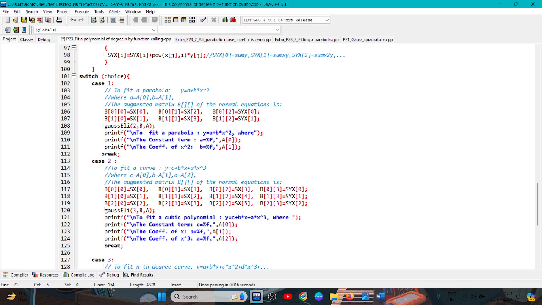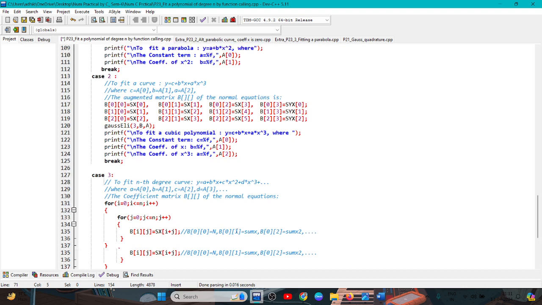So call the Gauss elimination with 3 rows, B is the augmented matrix, and A is the corresponding variable I want to determine. So fitting a cubic polynomial, we get the constant term c, the coefficient of x, b, equal to A1, and the coefficient of x cube, a, equal to A2.